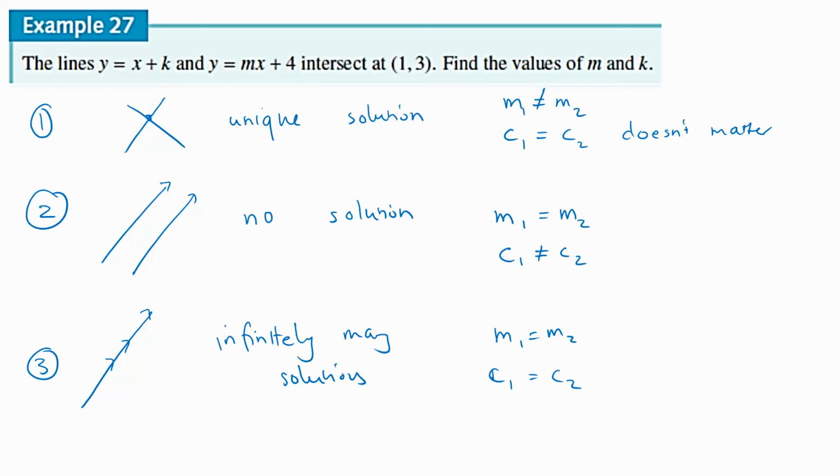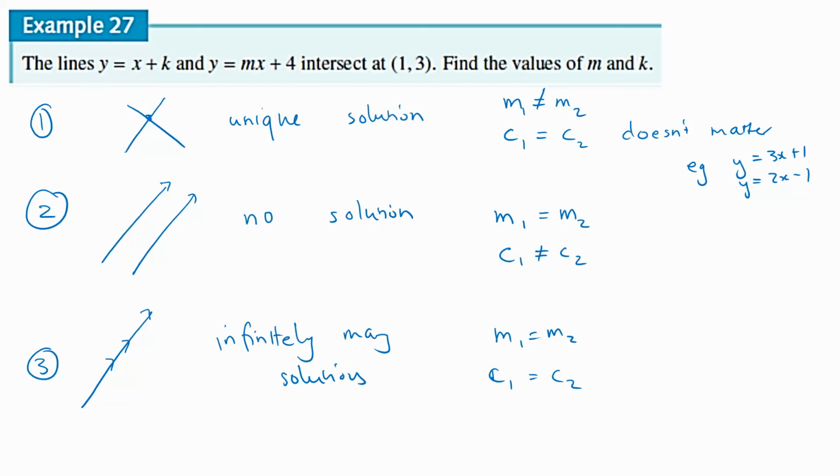Unique solutions when gradients don't equal each other, and it doesn't matter whether this does equal or it doesn't. Okay? M1 equals M2 here. So if the gradients are the same. For example, I'll do an example so you understand. y equals 3x plus 1. y equals 2x minus 1.